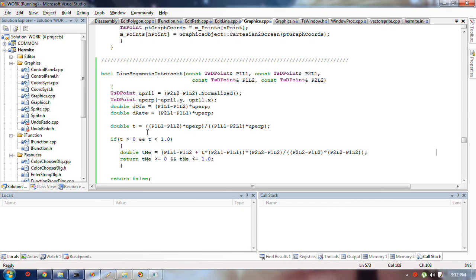If it's between 0 and 1, t, me, them, they are the first line. I am the second line. This normal vector, parallel, is a vector in the direction of my P2 minus P1, right? And perpendicular is just perpendicular.